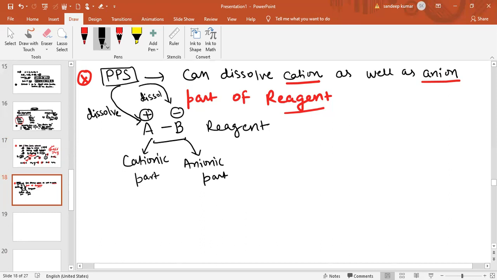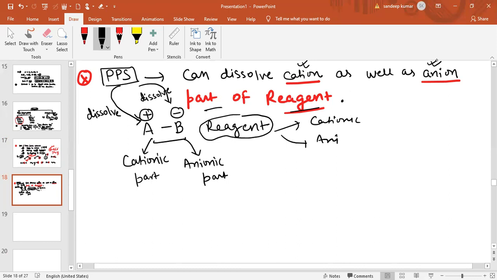So polar protic solvent can dissolve both the cation as well as the anion part of the reagent. This is basically the concept of solvent. So both parts of the reagent, the cationic part as well as the anionic part, are surrounded by the PPS, polar protic solvent.